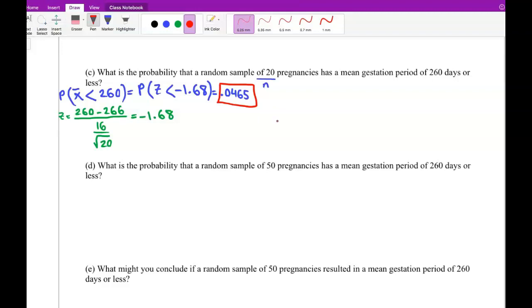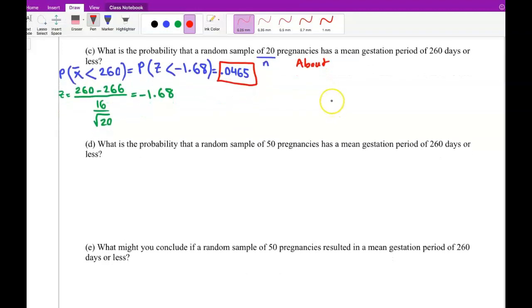It didn't ask us to interpret this one, but let's interpret based on what we got here. About 46.5, and that is based on 1000.